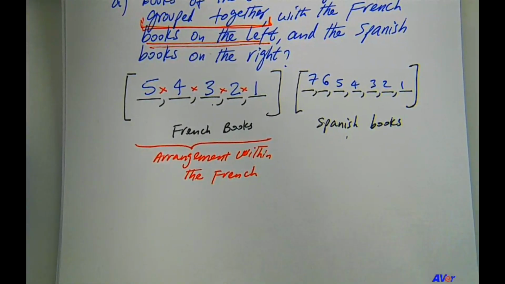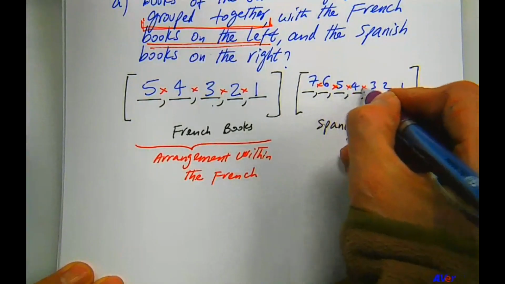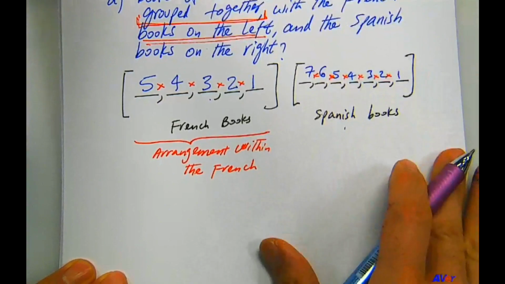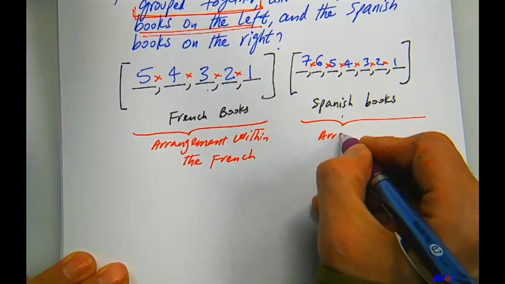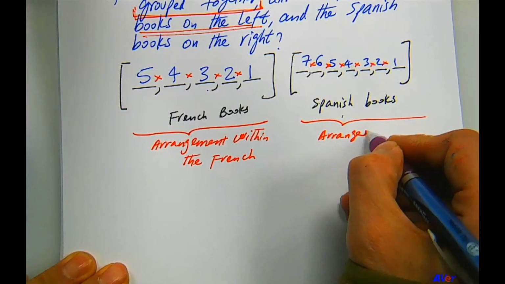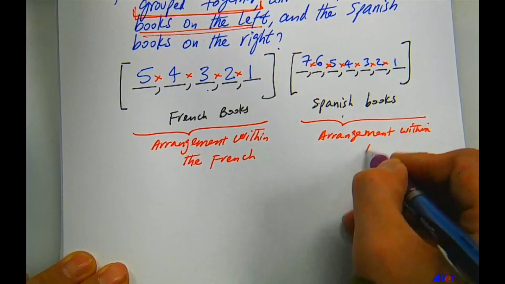Okay, so once again, by the multiplication principle, we multiply these, and this is once again arrangement within the group.